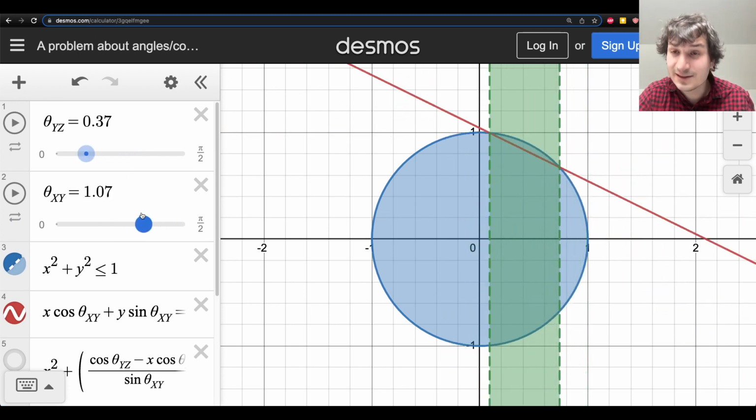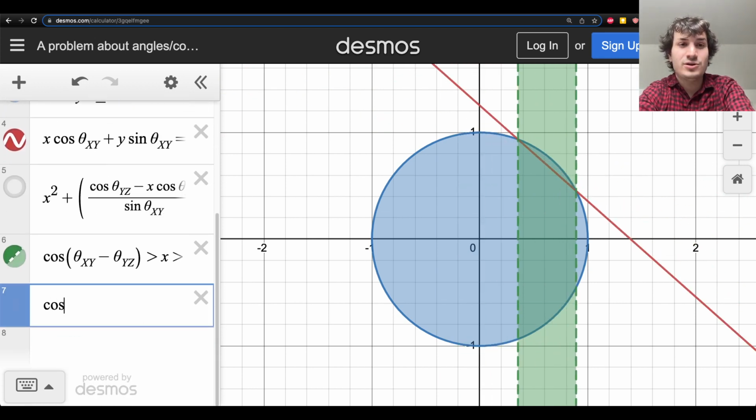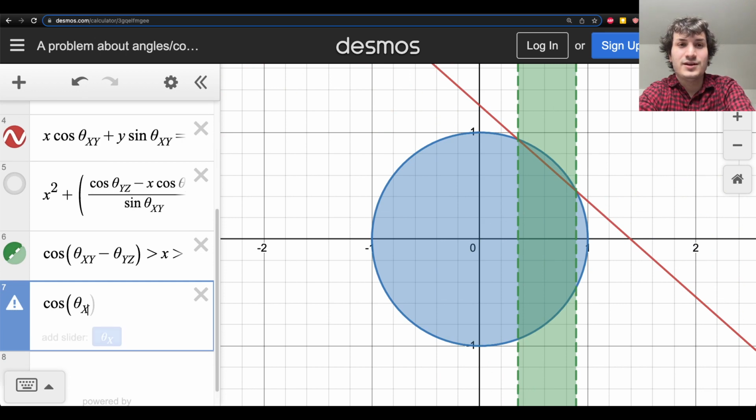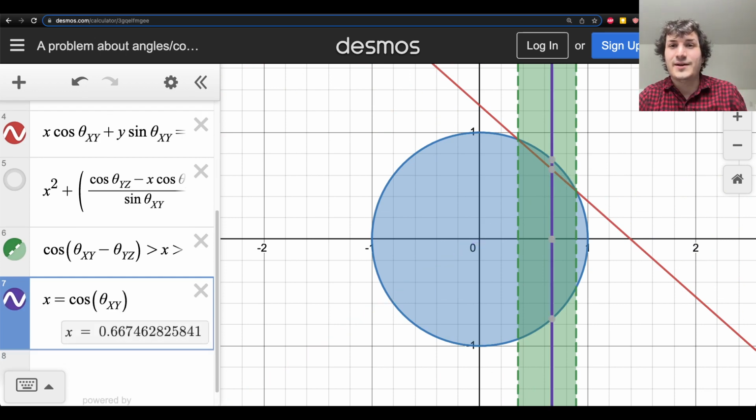So no matter how you slide it, it's always that thing. And I will say there is one important value. The actual midpoint is sort of just theta xy. In some sense, that's the midpoint, right? If you take the midpoint inside the cosine, that is the thing. If you take the midpoint outside the cosine, you get a different answer.